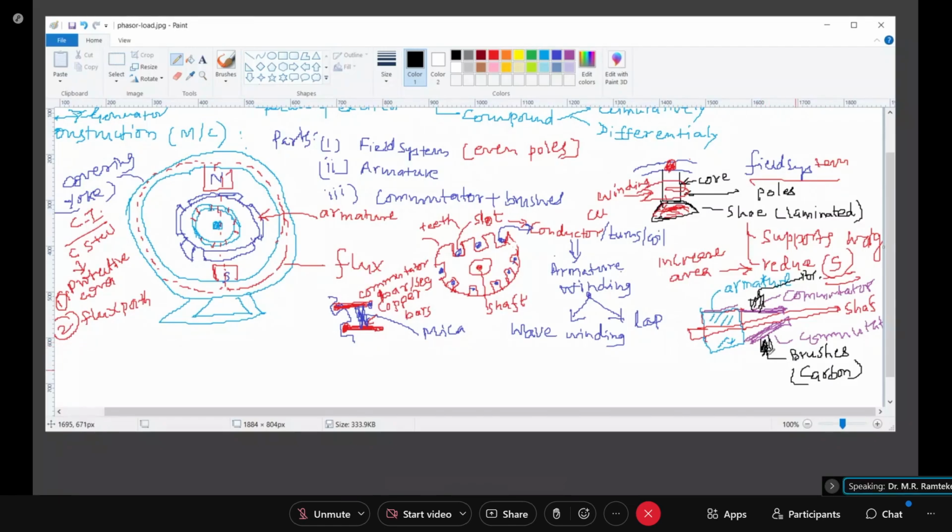So carbon brushes are used, and it is not just a brush, it is a complete assembly. You have to keep continuous contact of a brush and commutator segment, so it is put under pressure.